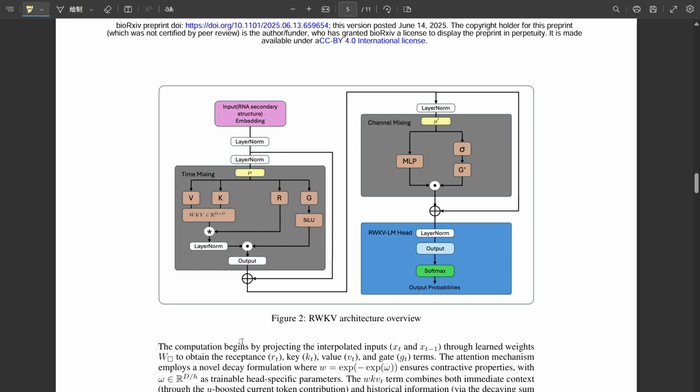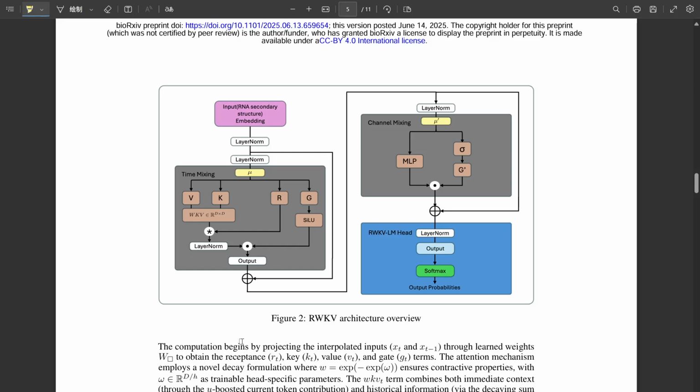Imagine, for each little piece of information about an RNA base, the model can learn to blend in a little bit of information from the immediately preceding base. The very local mixing. Very local, very efficient, but it enables sophisticated capabilities, things like per-channel temporal blending, meaning different learned features can have slightly different short-term memories.